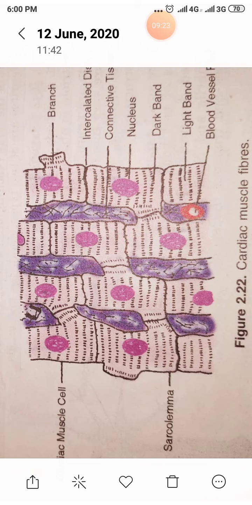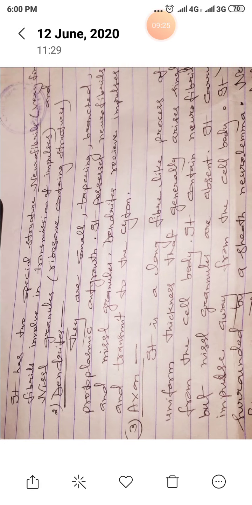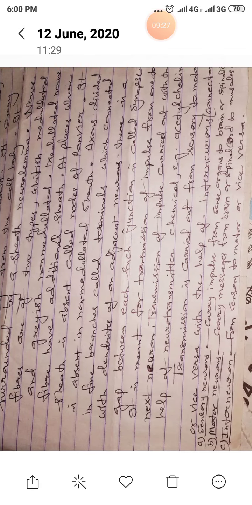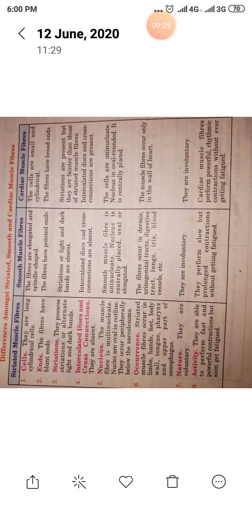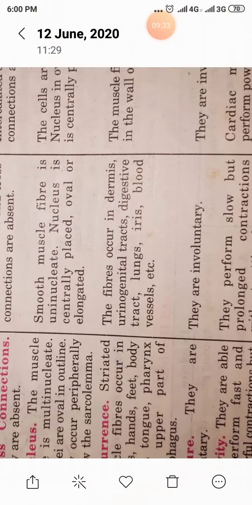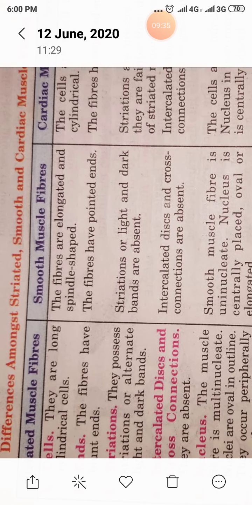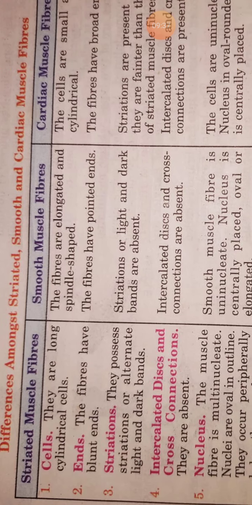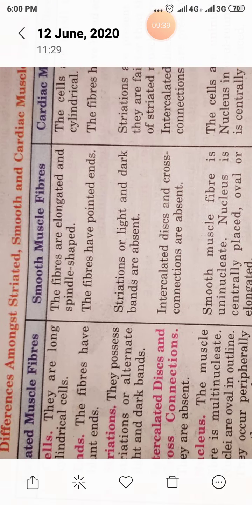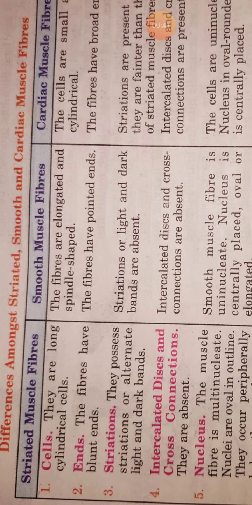Now we study the differences between the different types of muscle tissue that we see here. Muscle cells are of three types, different from each other: long cylindrical striated, spindle-shaped smooth, and small cylindrical cardiac.